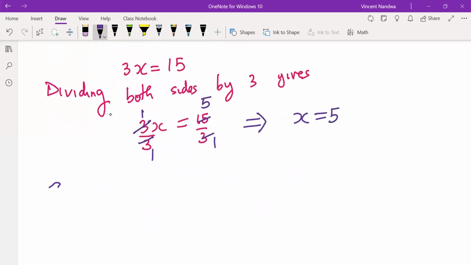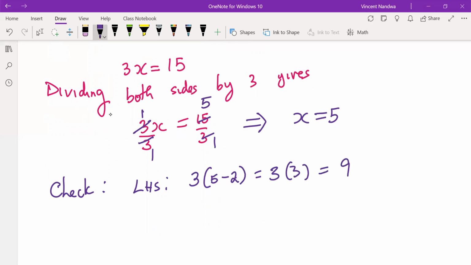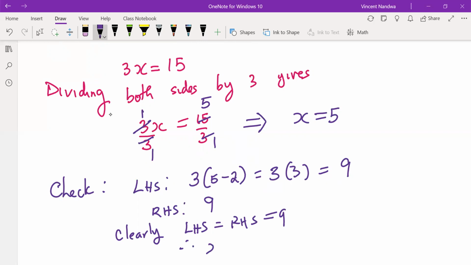Now to check, we have left-hand side will be 3 into, where there's x put 5 minus 2, which will be 3 into 3. 5 minus 2 is 3, and 3 by 3 is 9. Right-hand side, by definition, is given by 9. So clearly, left-hand side equals to right-hand side, which is 9. So therefore, x equals to 5 is the solution.